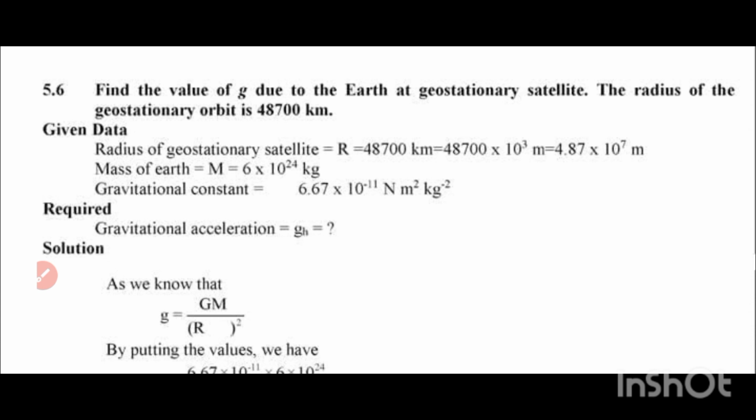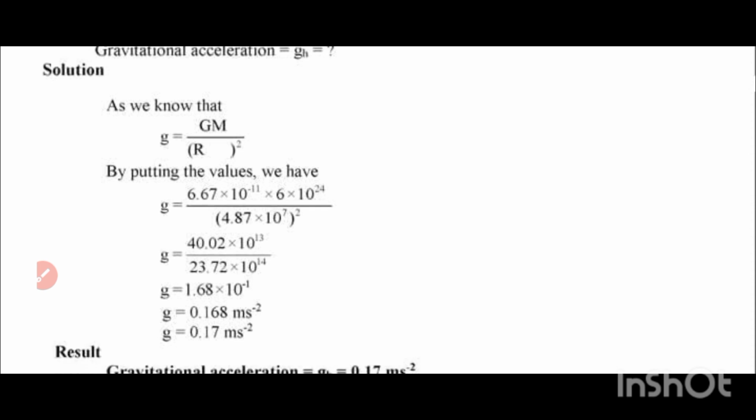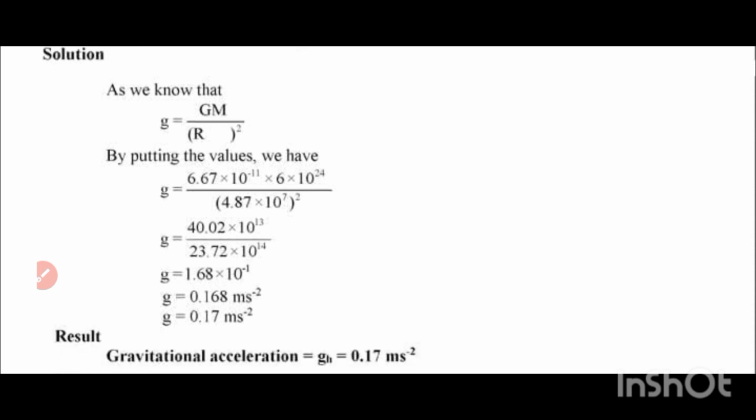Mass of earth is equal to 6 multiplied by 10 raised to power 24 kilogram, and gravitational constant G is equal to 6.67 multiplied by 10 raised to power minus 11 Newton meter square per kilogram square. We need to calculate g at h. So as we know that g is equal to GM over R square, by putting the values, g is equal to 6.67 multiplied by 10 raised to power minus 11 multiplied by 6 multiplied by 10 raised to power 24 divided by (4.87 multiplied by 10 raised to power 7) whole square.